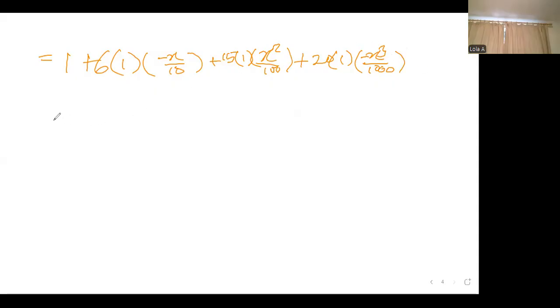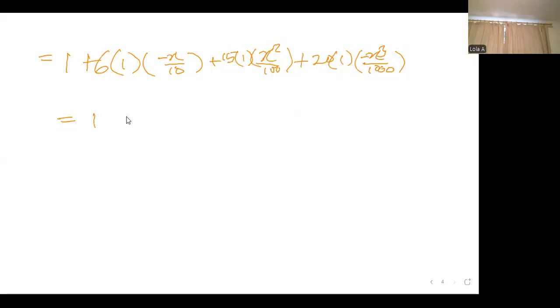So we'll now tidy it up as 1 minus, sorry, 1 minus. Hope you understand how I obtain minus.